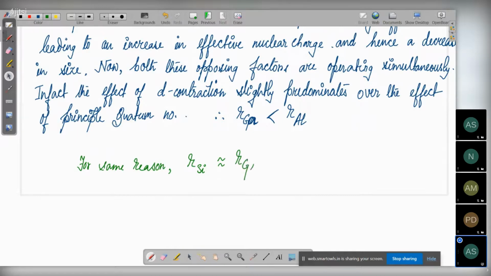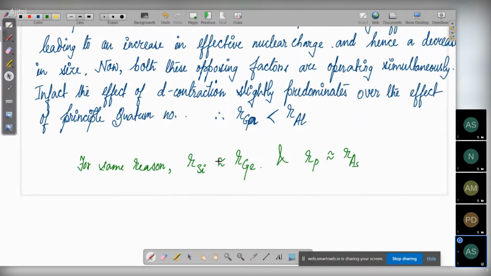And the size of phosphorus and arsenic are also almost similar.